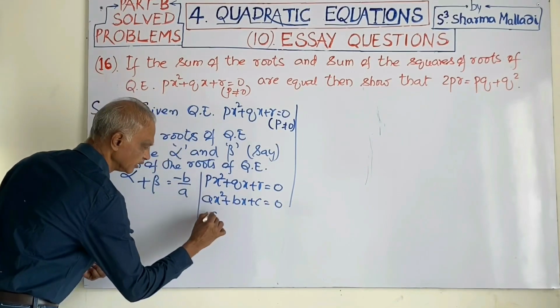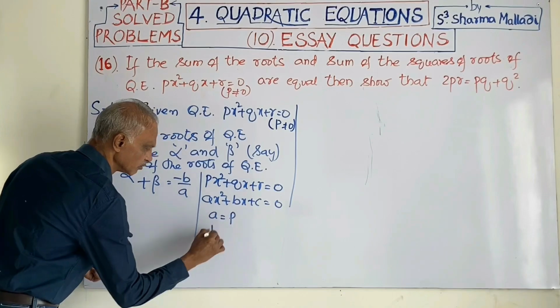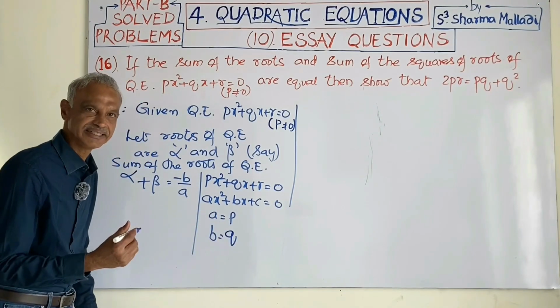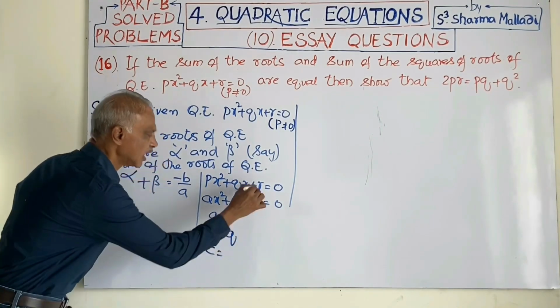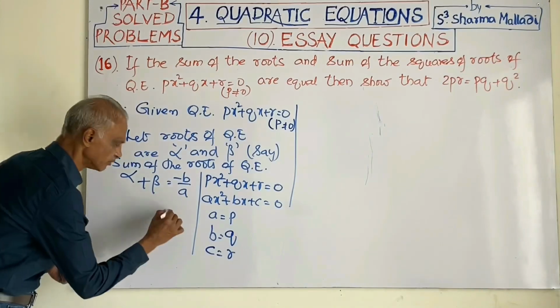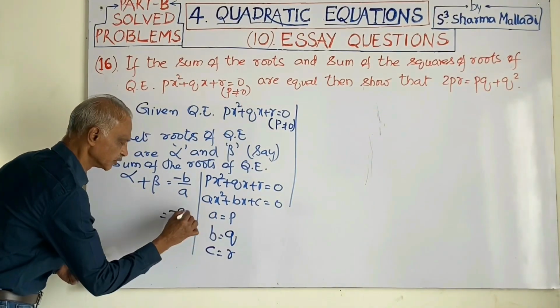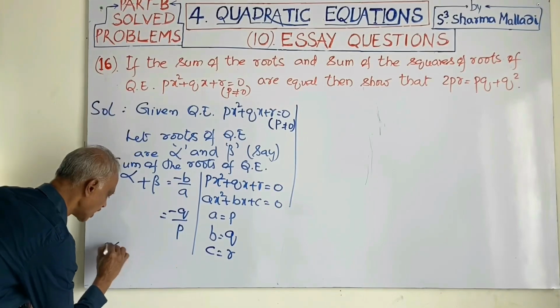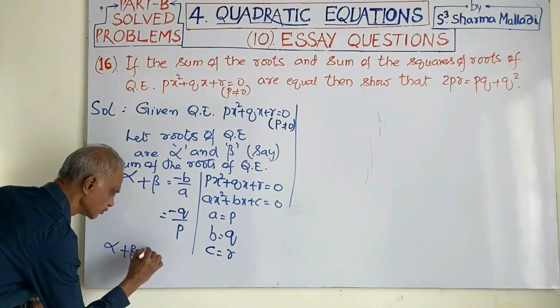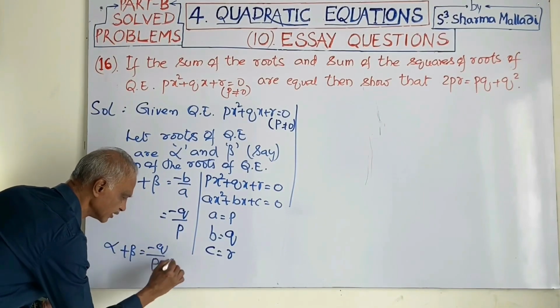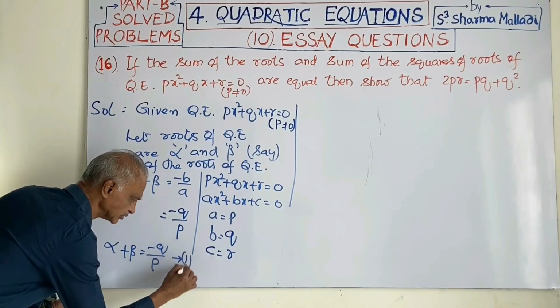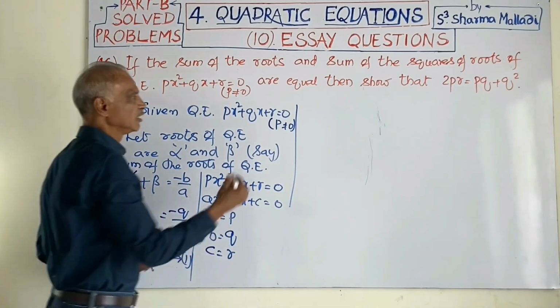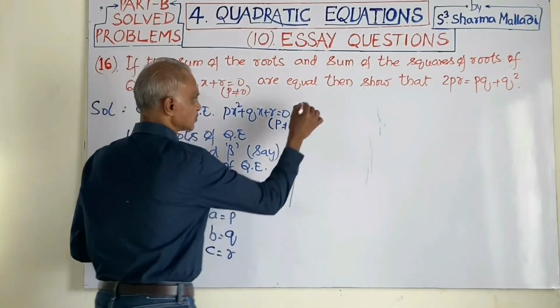What is a here? a is equal to p and c is equal to r, and b is q. Sum of roots alpha plus beta is equal to minus q by p. This is equation 1.